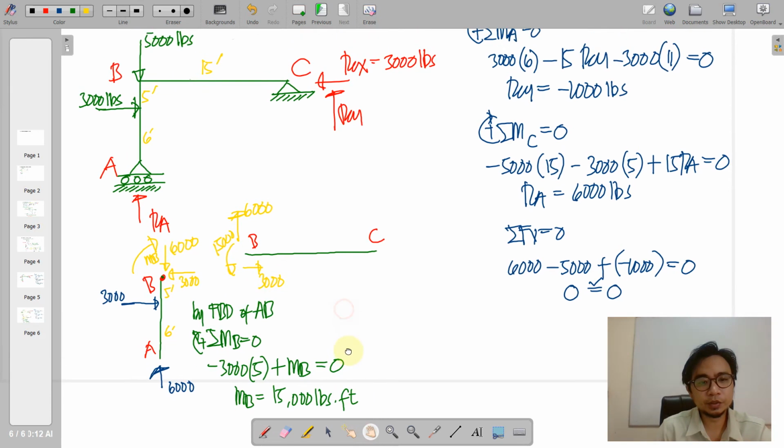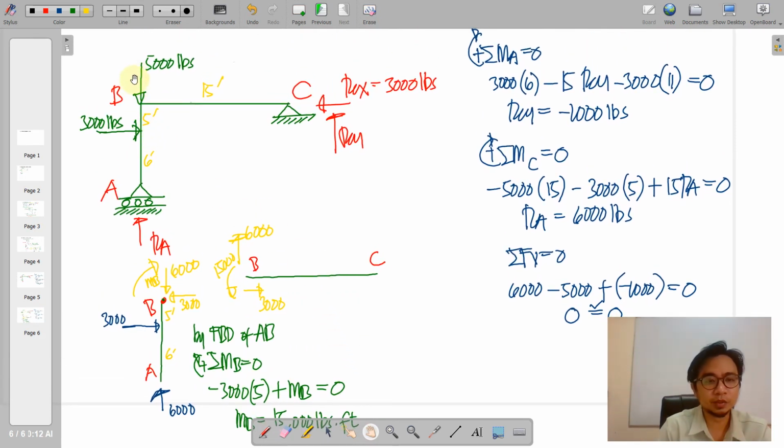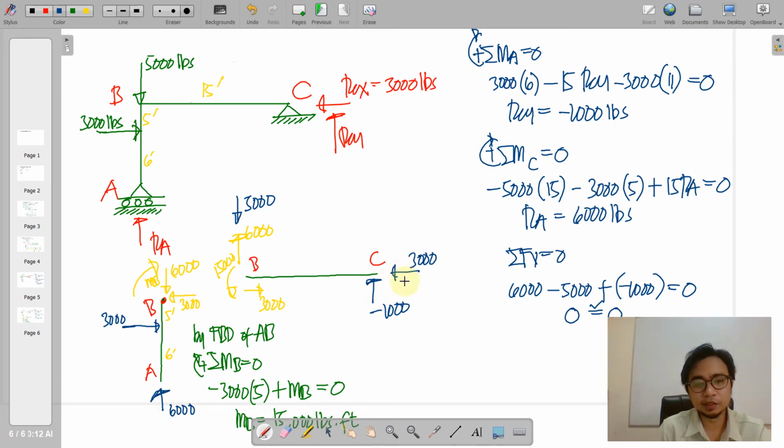So of course, we're going to place here also the external force on the joint itself, that is going downward 5,000. RCY here is going upwards, however, negative. And then RCX will be leftward 3,000. So we have actually completed your load diagram.